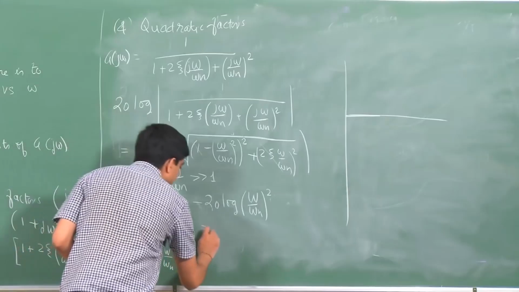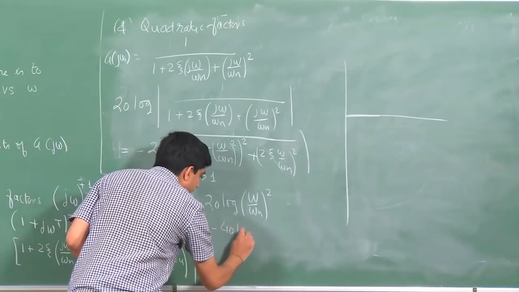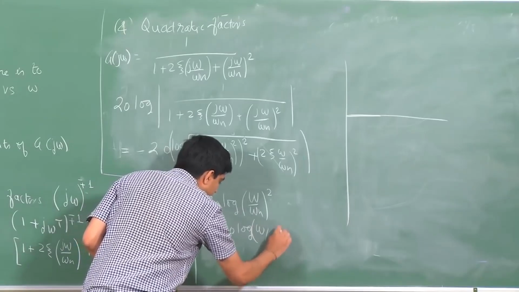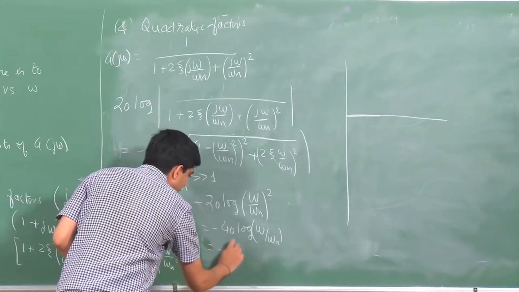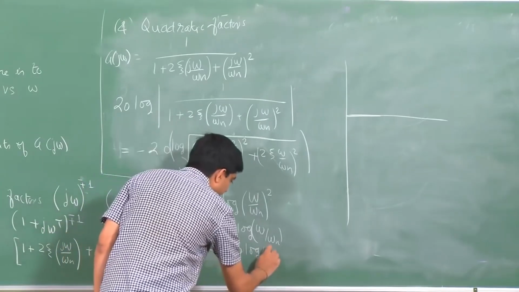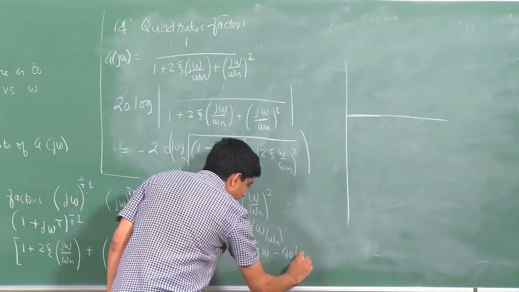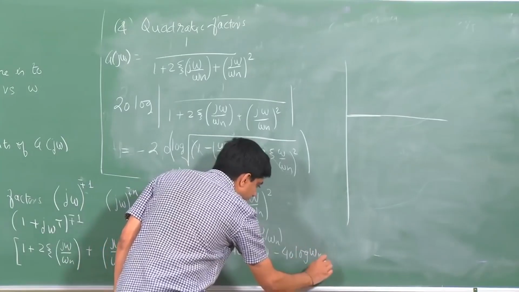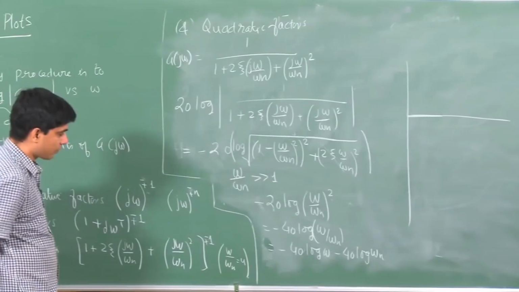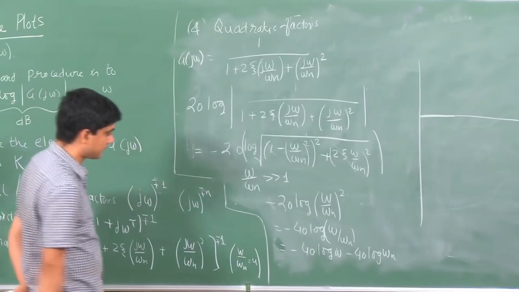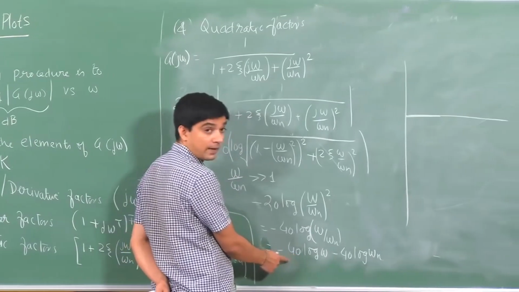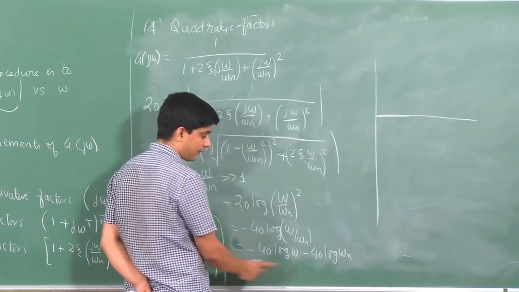So, this would be minus 40 log of omega over omega n, or minus 40 log omega minus 40 log omega n. Again, at what point will these two asymptotes meet? This is again a straight line of slope now minus 40 decibels per decade and some intercept here.